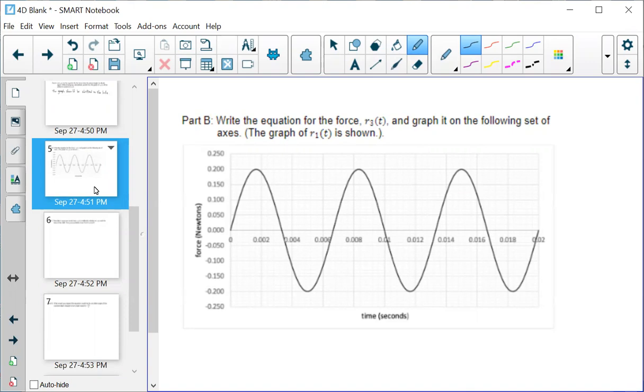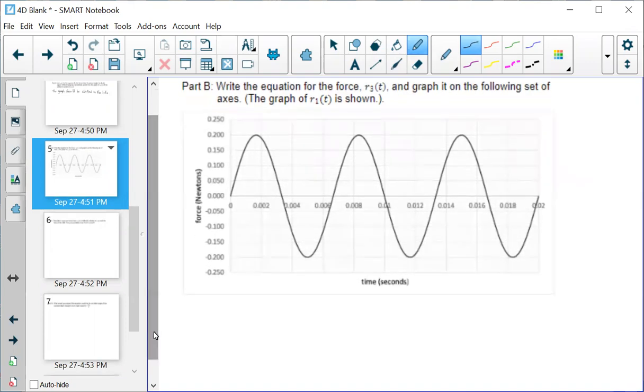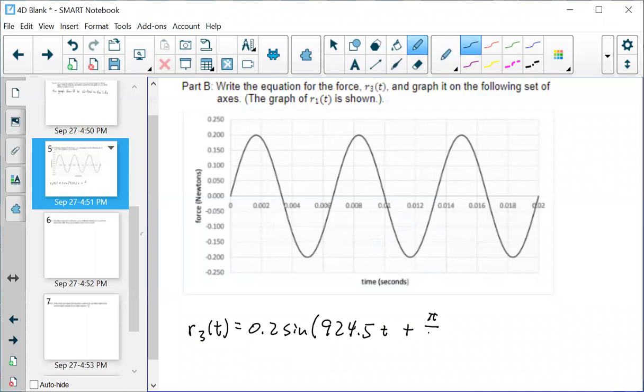Okay, the graph of R1 is shown. So it says write the equation. So let me write this as R sub 3 of t is equal to 0.2 times sine of 942.5 t plus pi over 4.